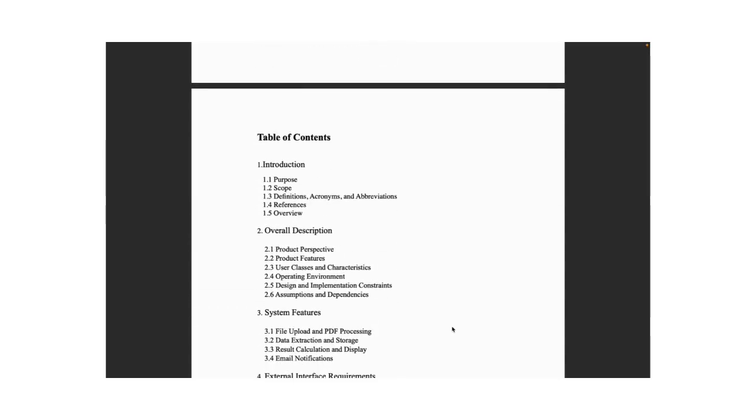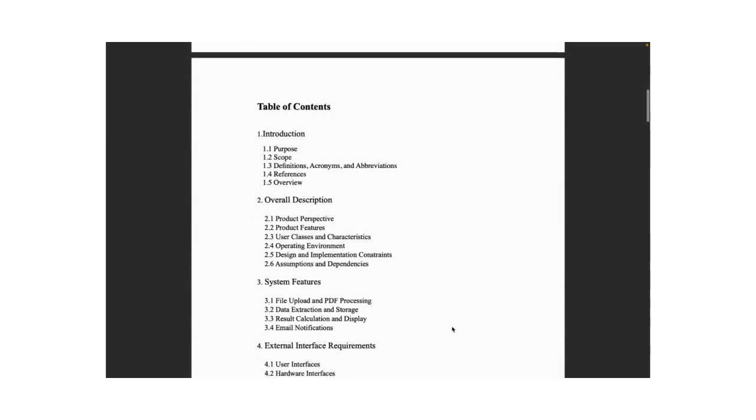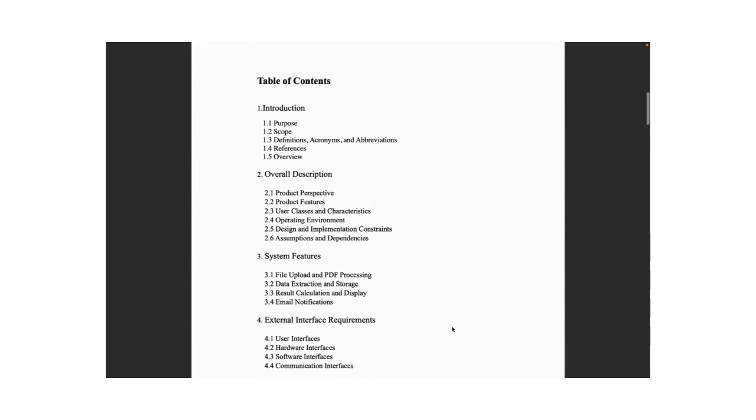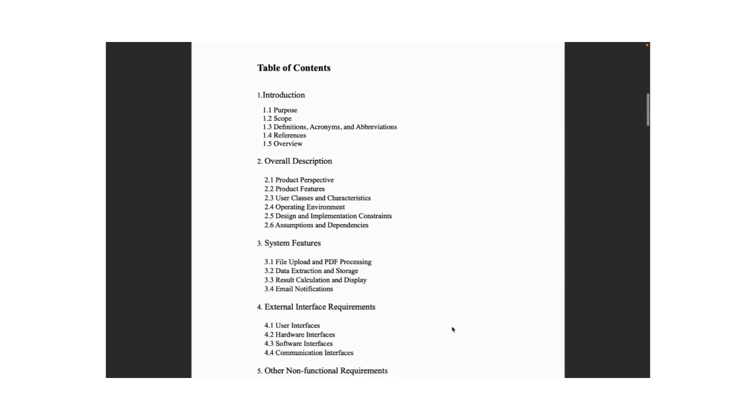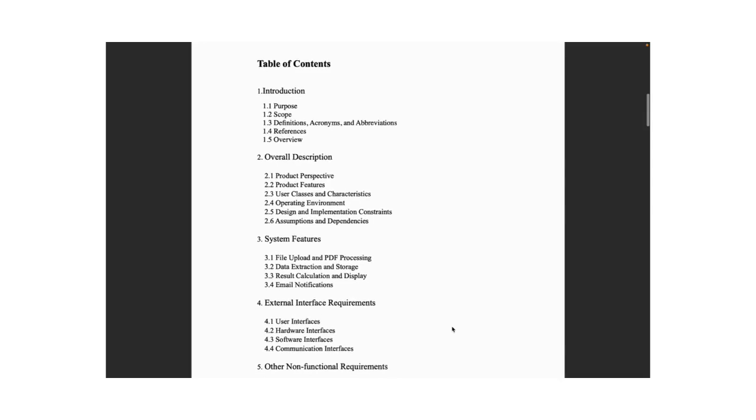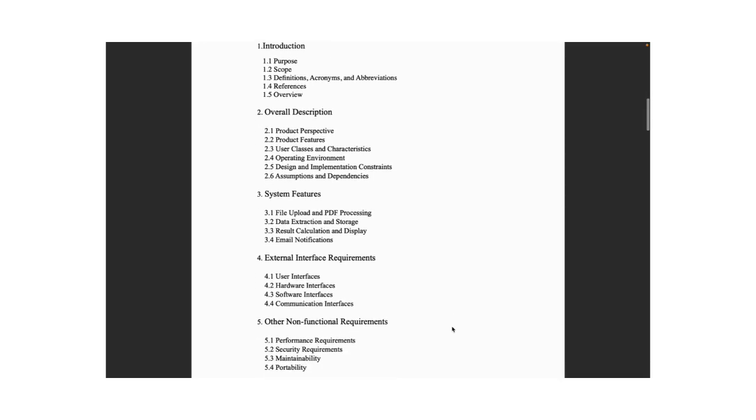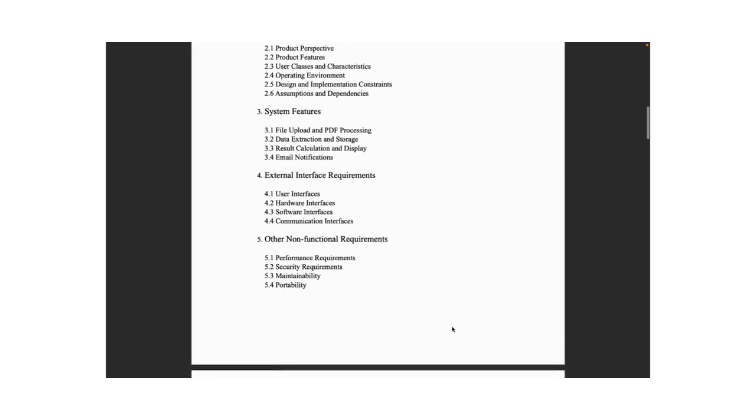So let's review the table of contents, which contains the introduction, and its subparts are purpose, scope, definitions, references, and overview. The next one is the overall description, which contains product perspective, product features, user classes, operating environment, design and implementation constraints, assumptions and dependencies.